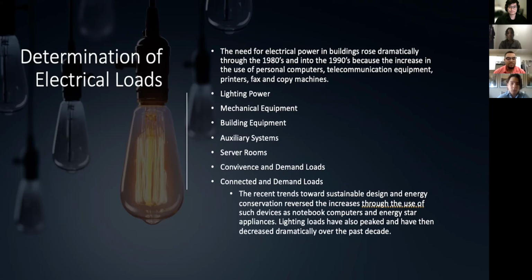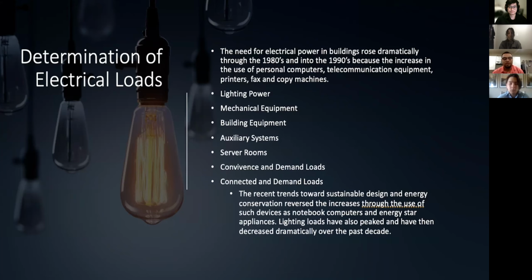Auxiliary systems, they usually don't require a large power capacity. Convenience power is power provided for plug-in equipment such as corded drills and jackhammers.